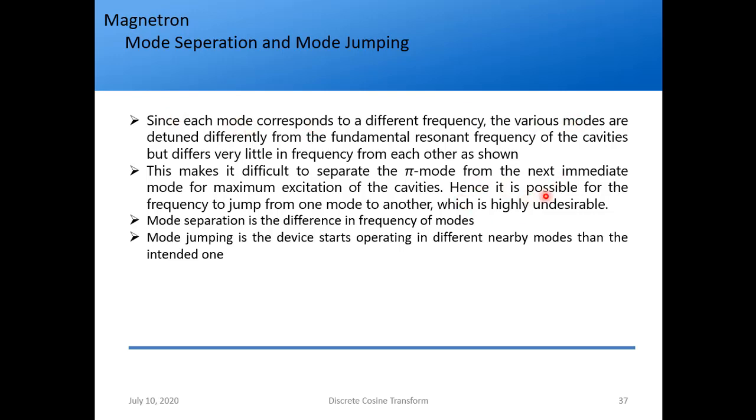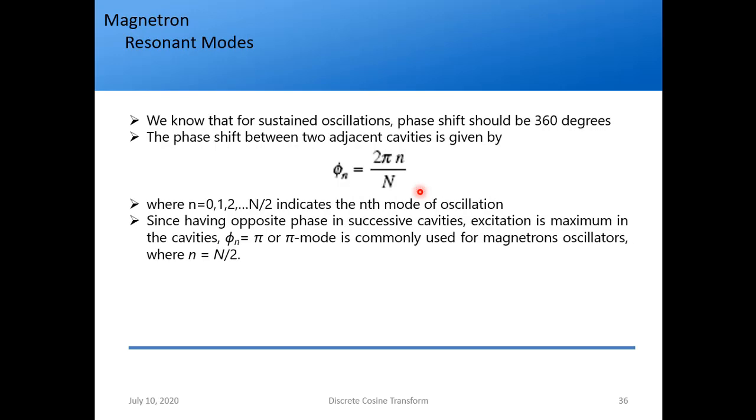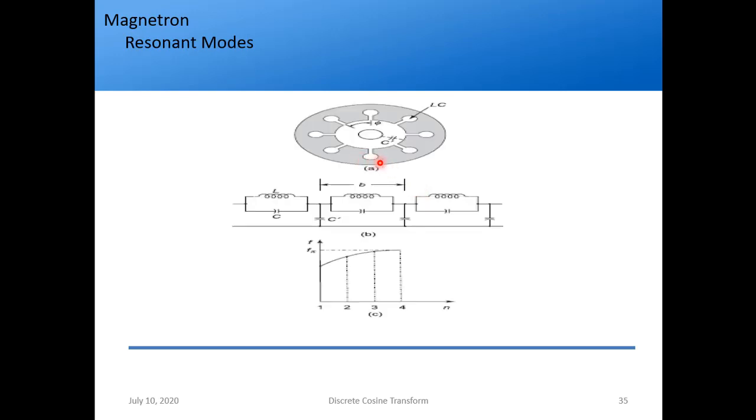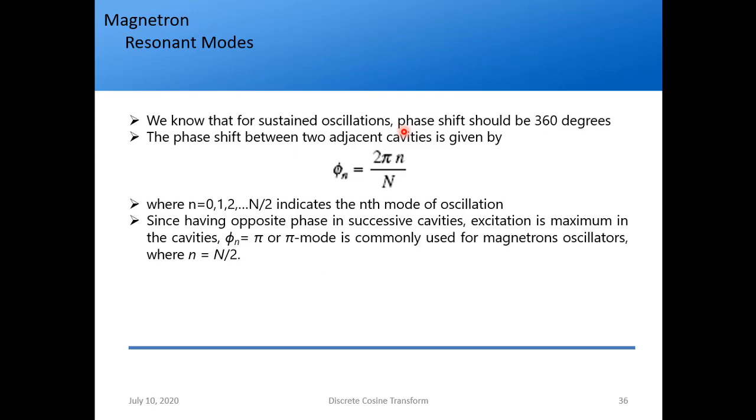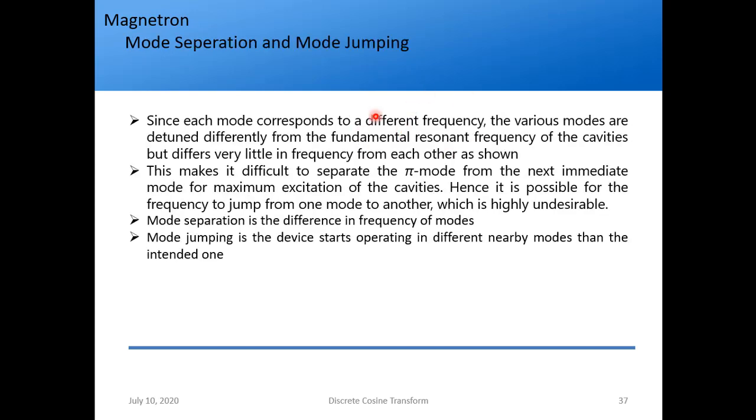Because of this, since this cavity is having a different mode, and this is having a different mode, from here it will jump to the other mode, from here it will jump to the other mode. So mode jumping and mode separation is occurring. Okay, so what is the difference between mode separation and mode jumping? Mode separation is the difference in frequency of the modes, owing to the changing dimensions of the cavities, which may be due to a problem of fabrication.